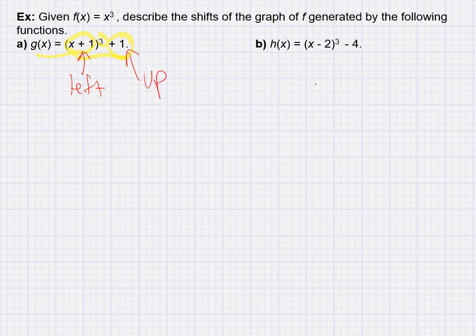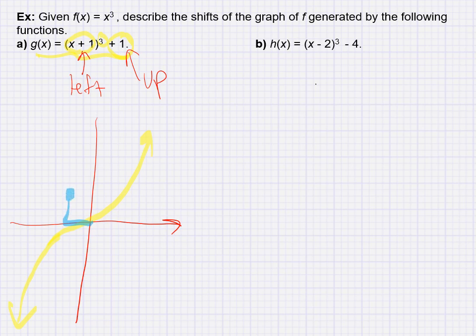So if I was to draw the graph of that particular function, I know that the basic x cube has this general shape to it. It has that S-curve shape to it. It's an odd power function. But then I have to move that to the left 1 unit, and I have to move it up 1 unit.